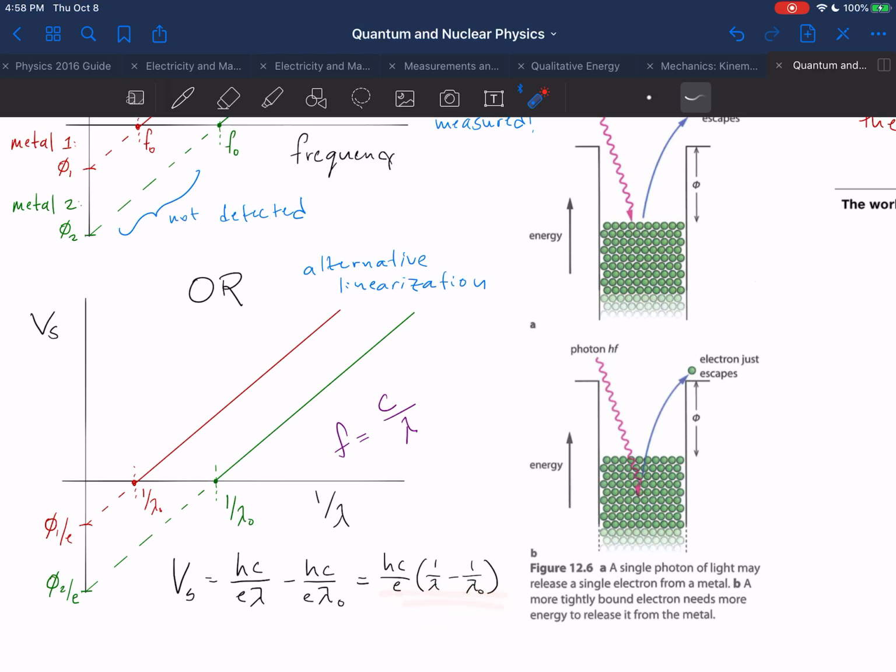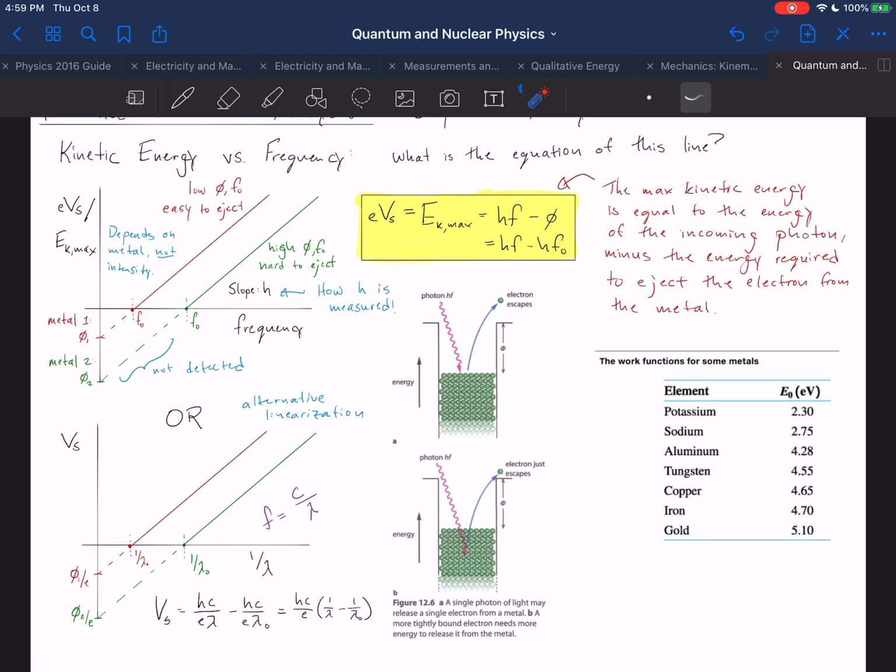This linear equation is the equation of this line, just with a bunch more constants in it, and it changes the y-intercepts as well. Those y-intercepts become the work function divided by e rather than the work function alone. So you just have to be careful about what the graph is actually telling you and then respond appropriately, because there are other linearizations of this graph.